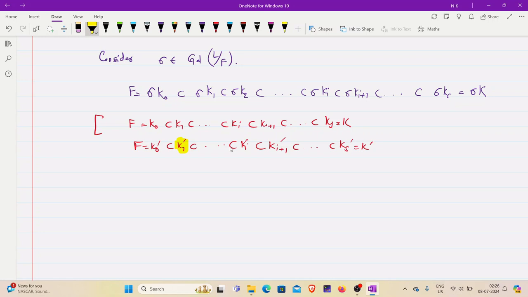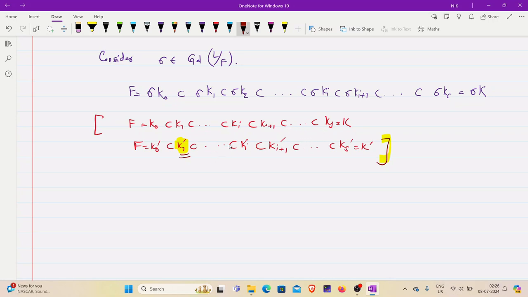Then whatever new fields are obtained, we will take its composite with K2 dash, and so on. We'll move on further, and finally we'll obtain a root extension which is the composite of these two extensions.